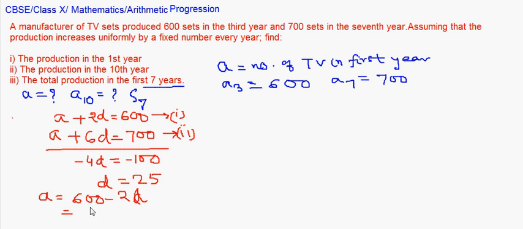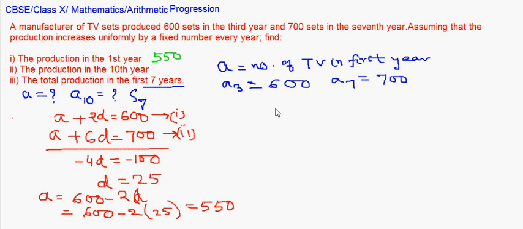That makes it 600 minus 2 into 25, that is 50, and that's giving me 550. So the answer for the first one is 550 TV sets got produced in the first year.